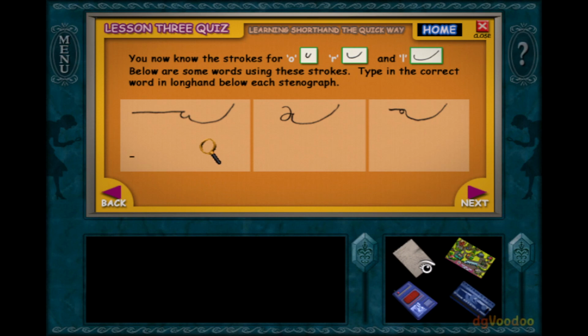So, is this mole? And there's a very small dash after the A loop here.